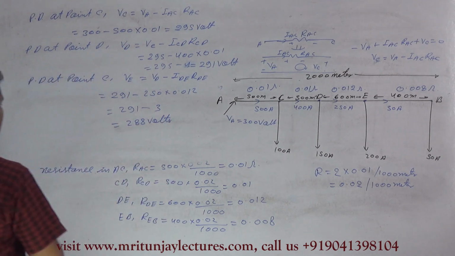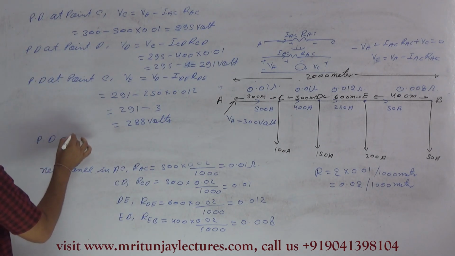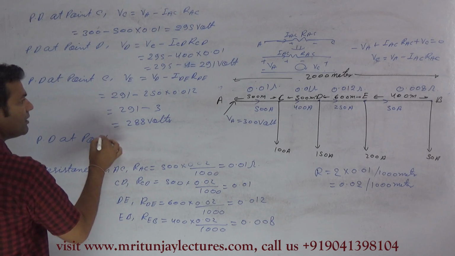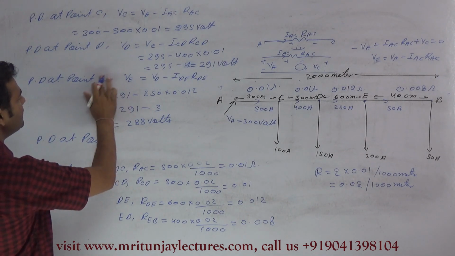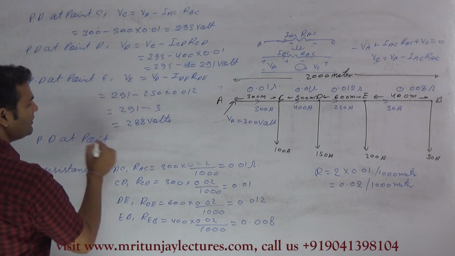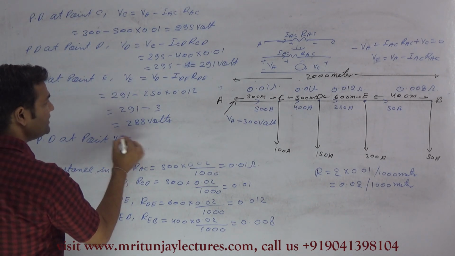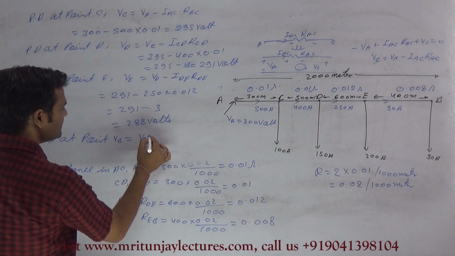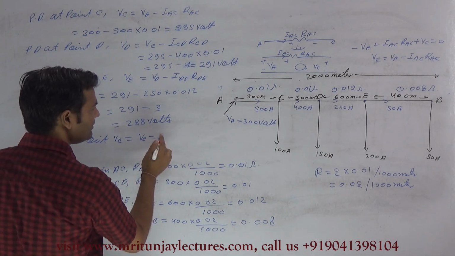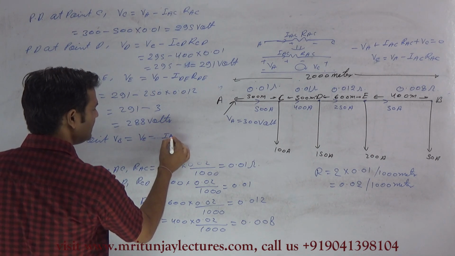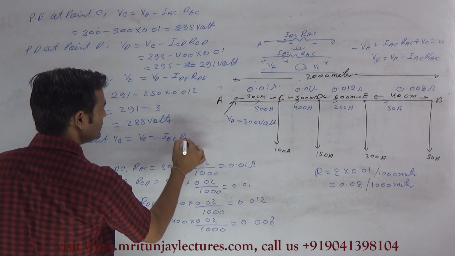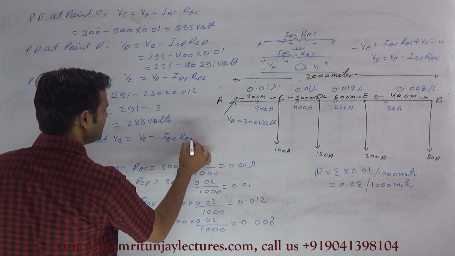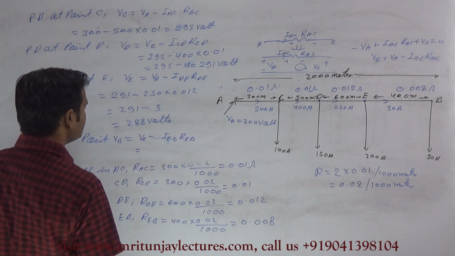Okay, now the potential difference at point B, VB, is equal to VE minus I of EB into R of EB.